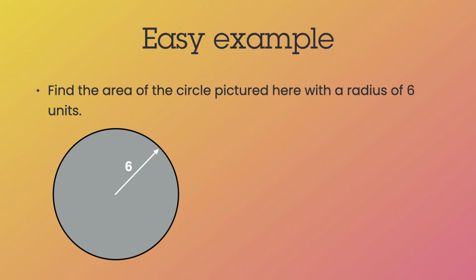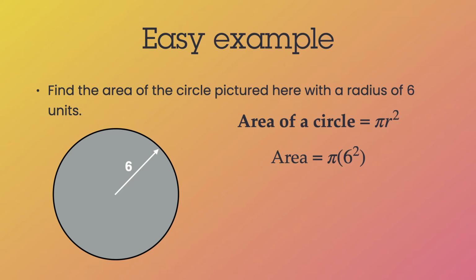So here's an easy example just to get us started. Let's find the area of the circle pictured here with a radius of 6 units. Now we know the formula for area of a circle is pi times r squared, and our radius is 6. So we're looking at pi times 6 squared. Now we know 6 squared is 36. If you don't know that off the top of your head, just use your calculator for it. And you're going to use your calculator anyway to see what pi times 36 is.